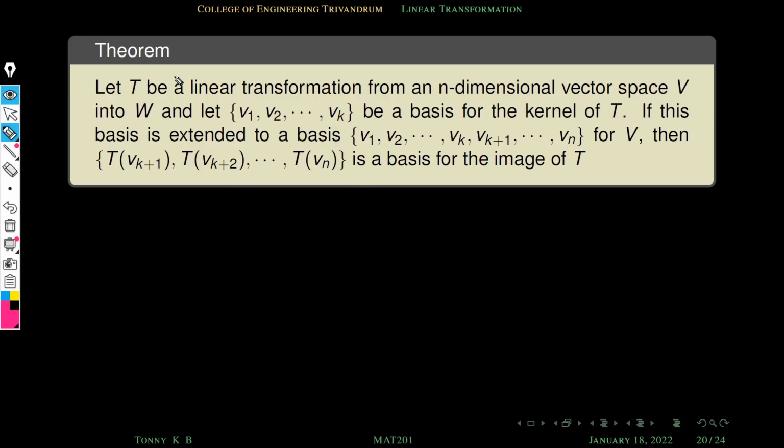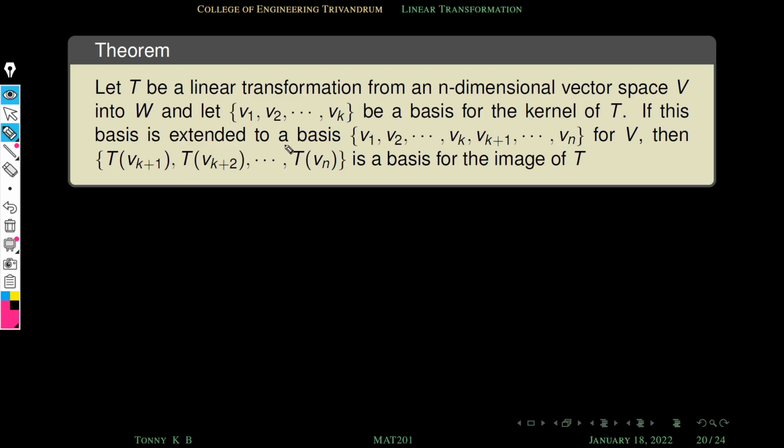Okay, consider the theorem. Let T be a linear transformation from an n-dimensional vector space V to W. That means here the dimension of V is n. Let v1, v2, ..., vk be a basis for the kernel of T. We know what a kernel of a linear transformation is.